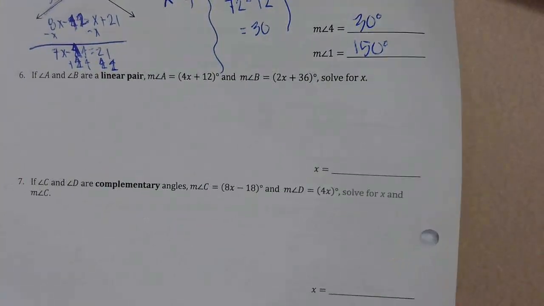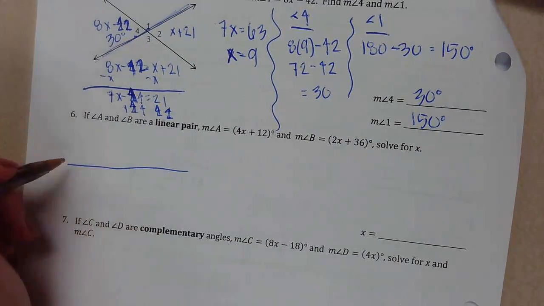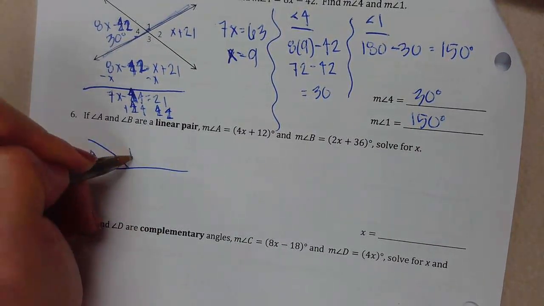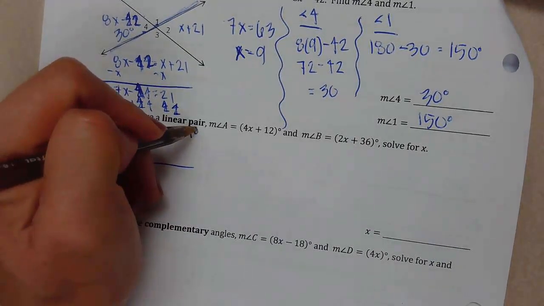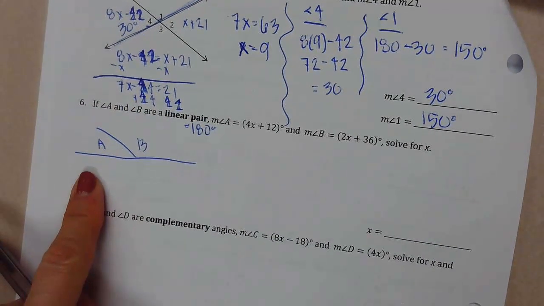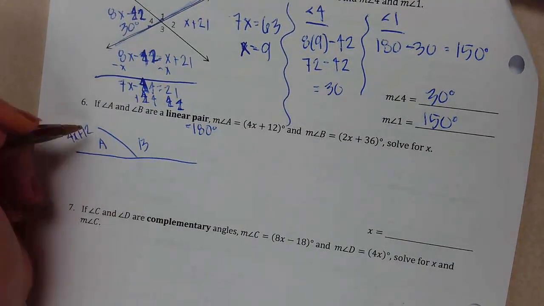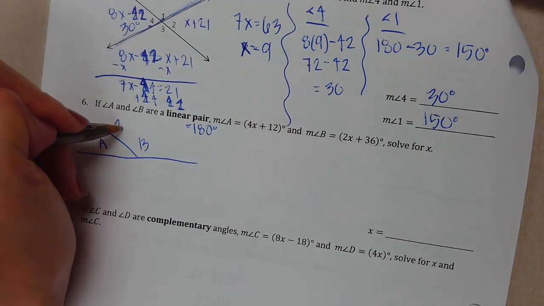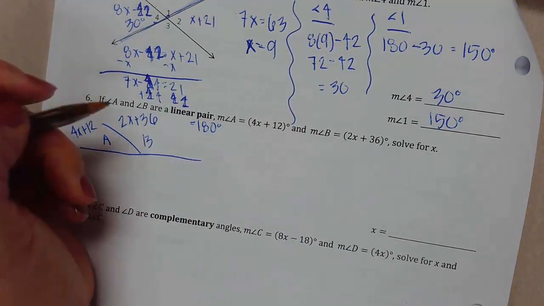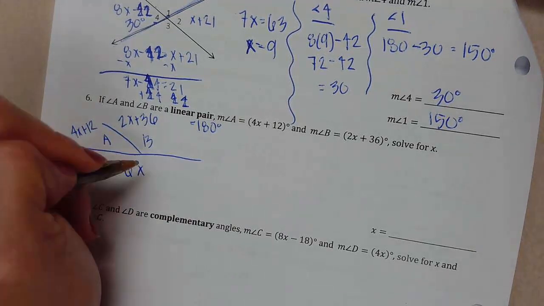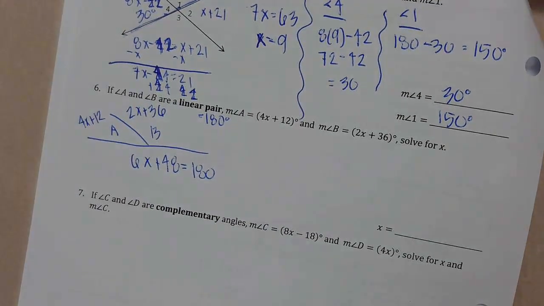Okay, moving right along, number 6. Angle A and angle B are a linear pair. That means together they're going to equal 180 degrees. So if angle A is equal to 4x plus 12, and angle B is equal to 2x plus 36, then I can add them together and get 6x plus 48 and set it equal to 180 degrees.